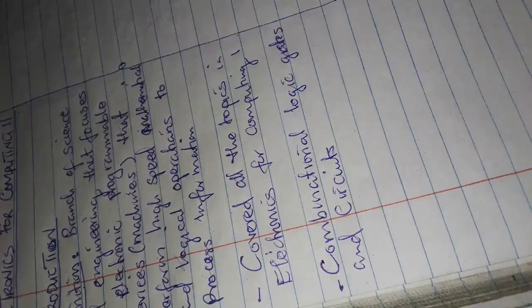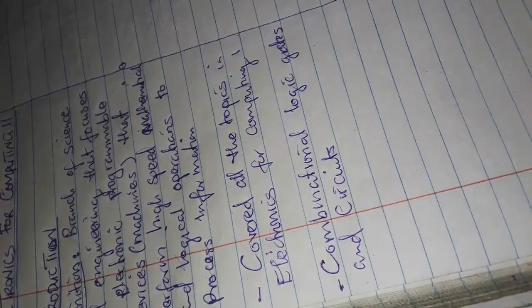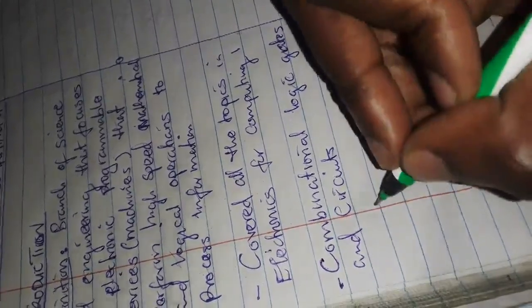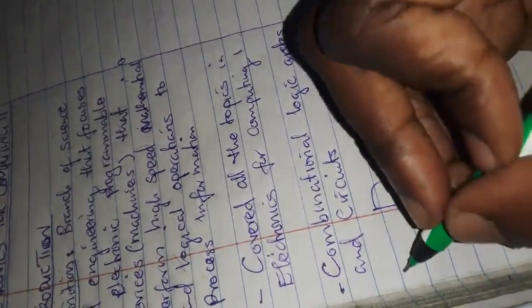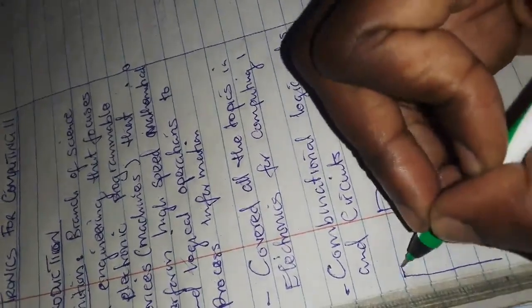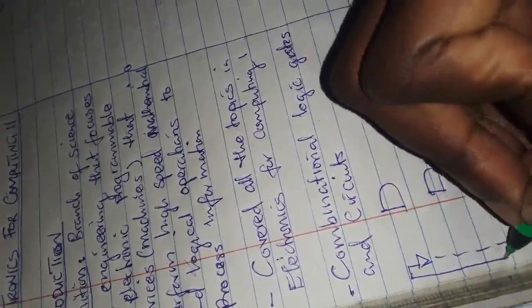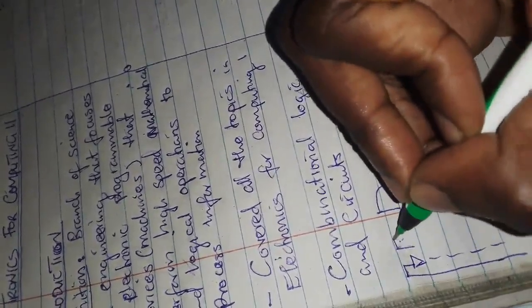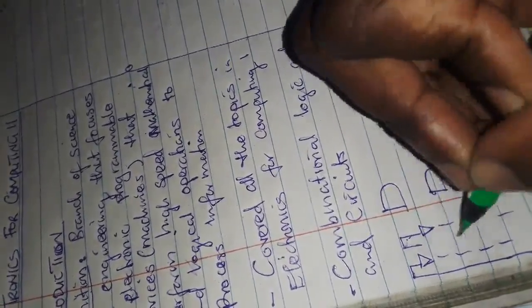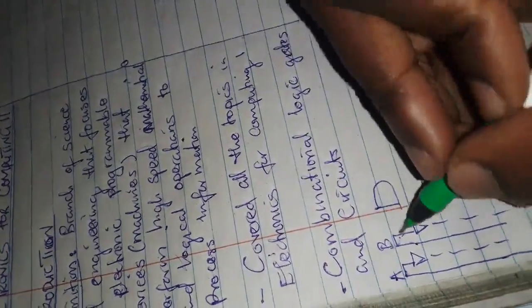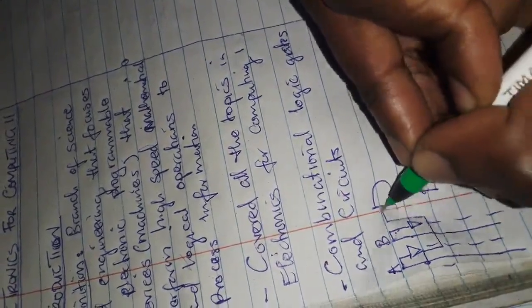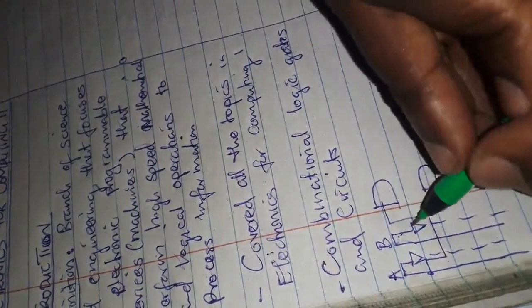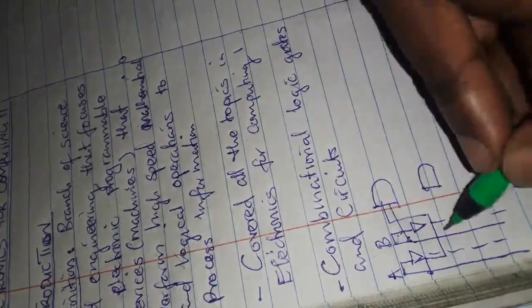We're going to be studying circuits that are developed from a combination of circuits. For example, you have an AND gate and another AND gate. Let's say signal A runs into one AND gate and signal B runs into that AND gate.